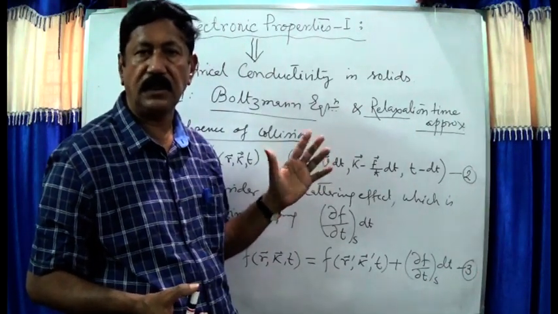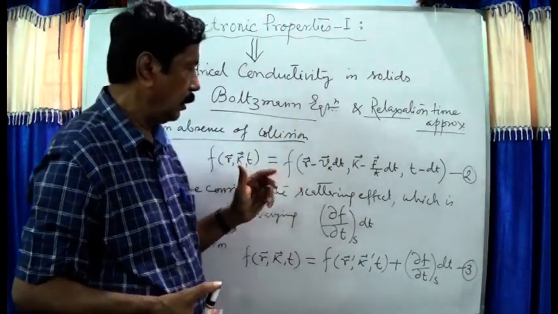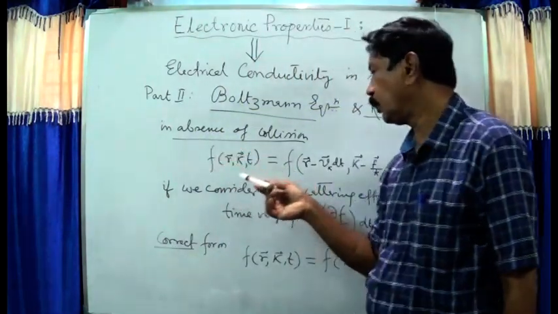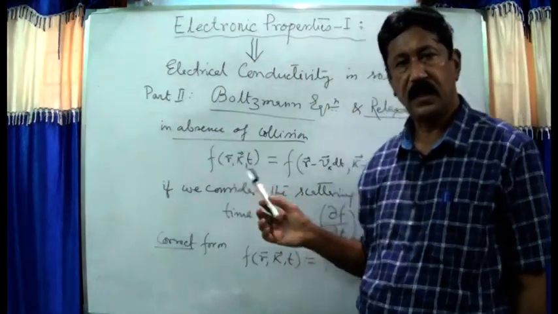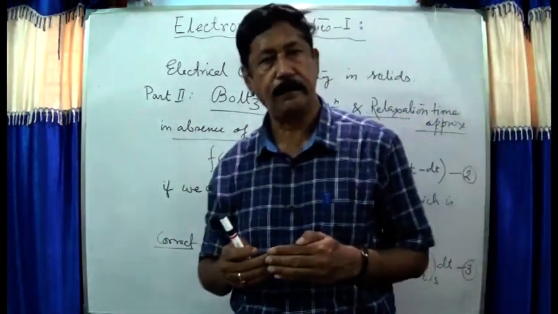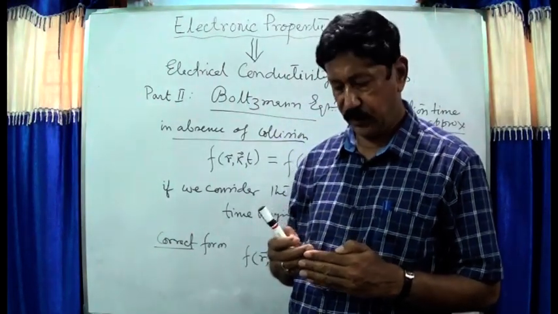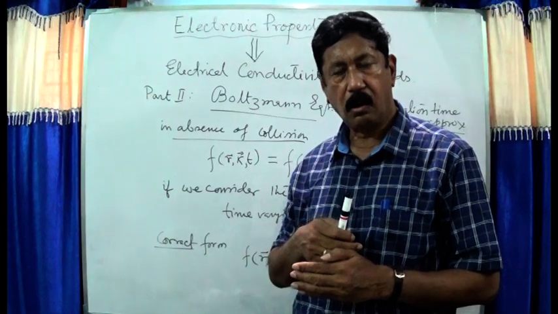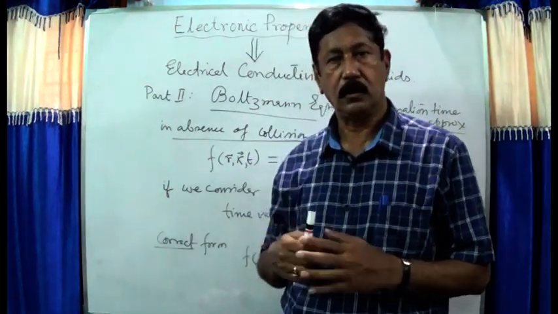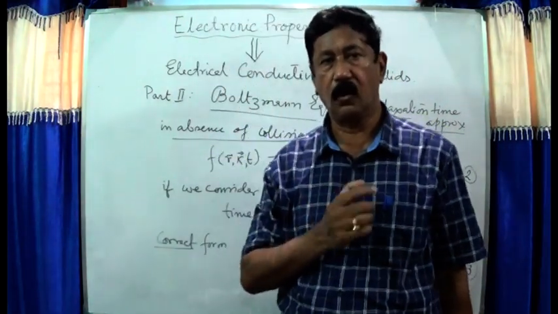Now the situation is non-equilibrium, but yet in this non-equilibrium situation also the distribution pattern at some instant of time will be same as its earlier instant, or at a later instant too, if the time gap is infinitesimally small.